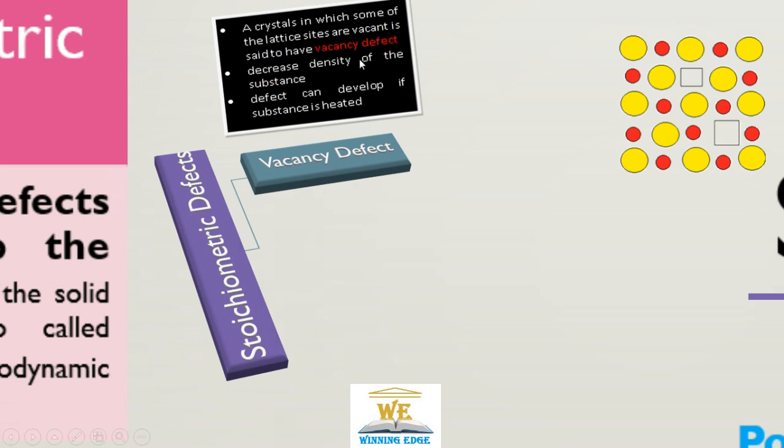There is a decrease in the density of the solid substance, because when certain ions, atoms or molecules are missing, it leads to a reduction in density. These defects usually develop when we heat it. So a vacancy defect is nothing but the missing of certain constituent atoms or groups from the lattice.